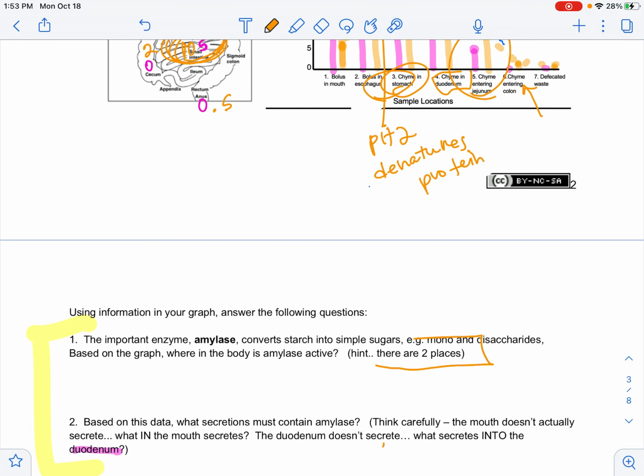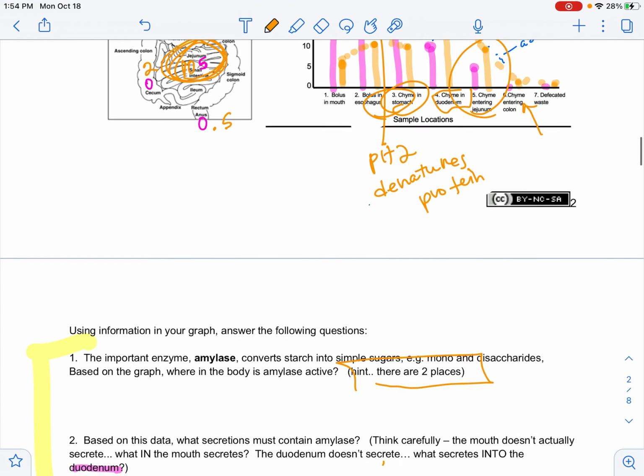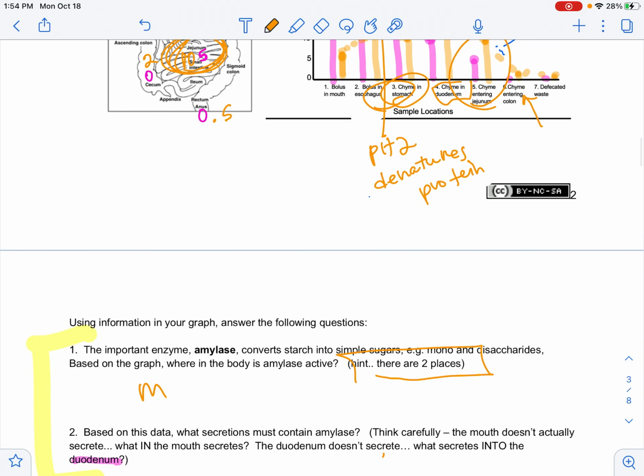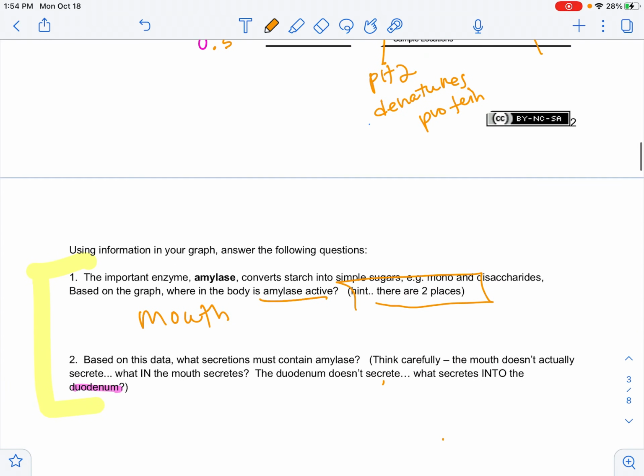There are 2 places that we have digestion. And as we can see right here, the mouth would be 1. And then the other one where it went down a lot is right here in the duodenum. So the mouth and the duodenum. It says based on this data, what secretions might contain amylase?